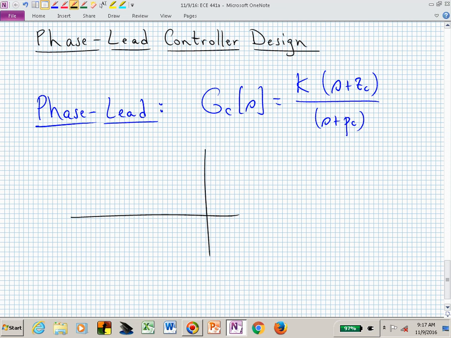If I now had something here and something there, which is here and which is there? In this case, we have our zero closer to the origin than our pole in the complex s-plane for a phase lead controller.